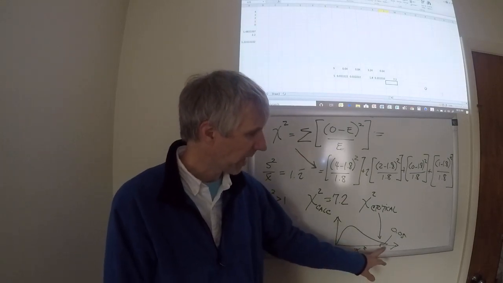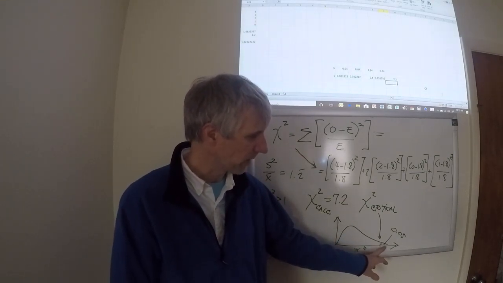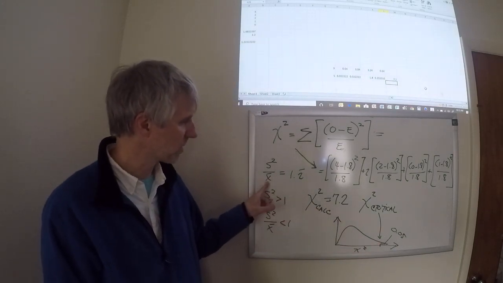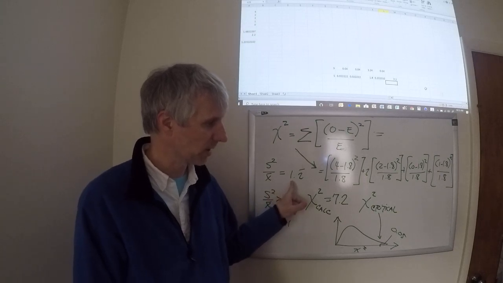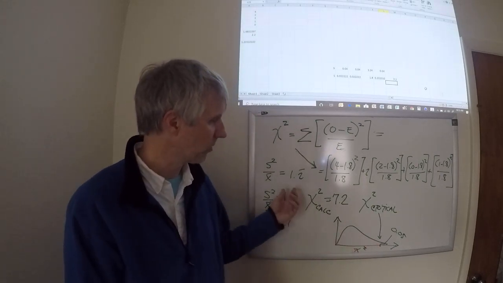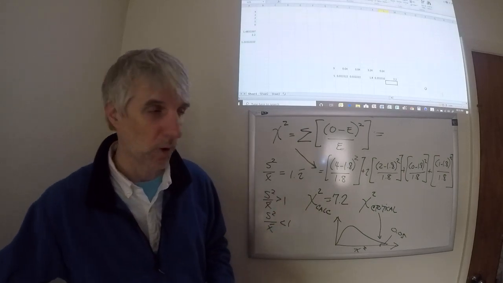If your calculated value is larger than your critical value, that means for us that this variance to mean ratio is significantly different from 1. And if it's less than this critical value, it's not significantly different from 1.